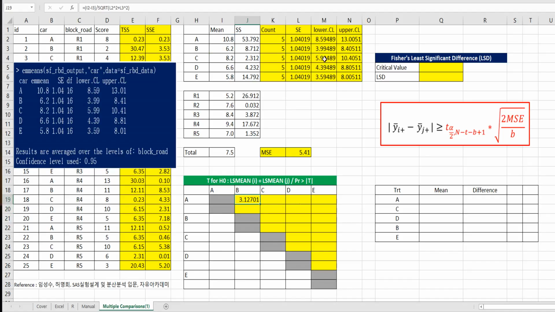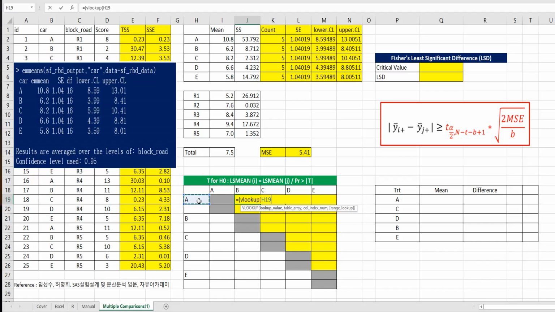So we can get this t statistic for A and B, A and C, A and D, A and E. Rather than calculate the t statistic manually, I want to show you how to use VLOOKUP. Then we can apply this formula to other cells.